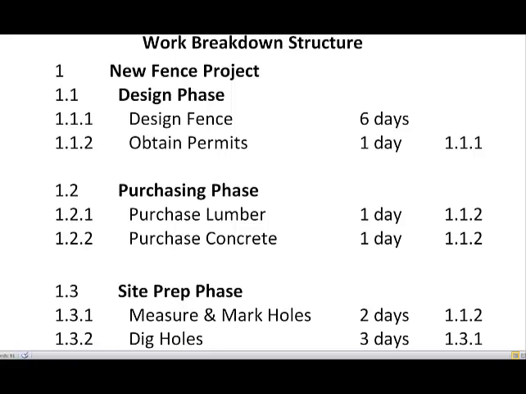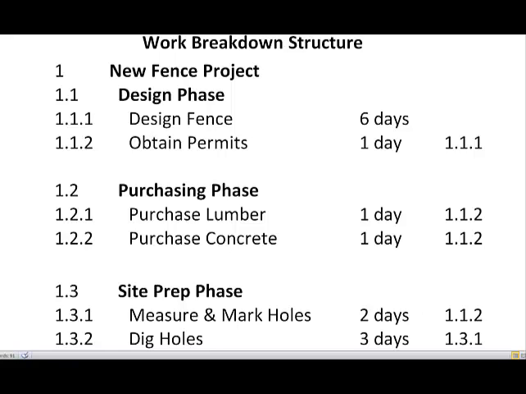Now, you should already be familiar with this from the work breakdown structure lecture, but you can see it repeated here just to reinforce it. You can see that the design phase 1.1 has two tasks under it. One is 1.1.1 and the other is 1.1.2.